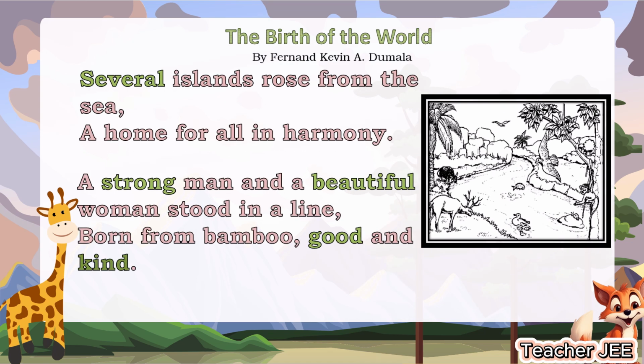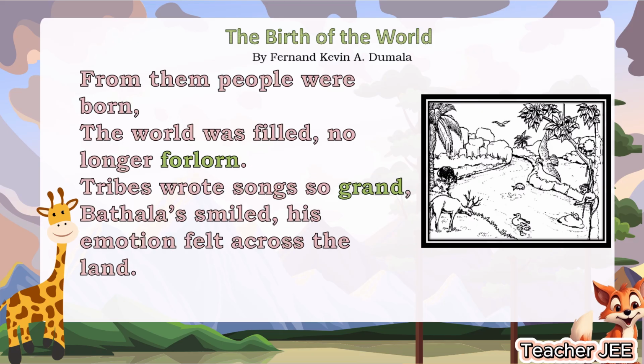Several islands rose from the sea, a home for all in harmony. A strong man and beautiful woman stood in a line, born from bamboo, good and kind. From them, people were born. The world was filled, no longer forlorn. Tribes wrote songs so grand, but Allah smiled, His emotion felt across the land.